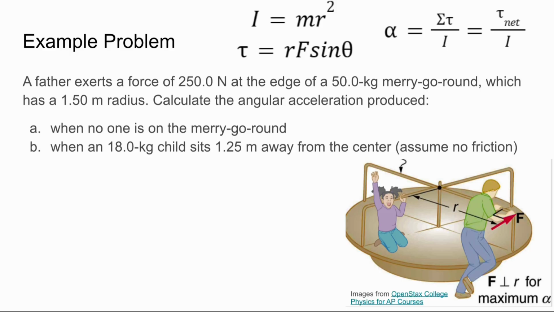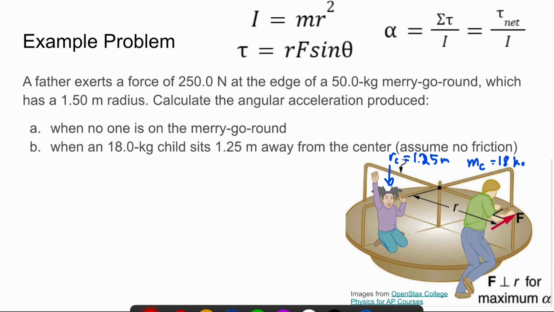All right, so now we're going to add on a child. The child is going to sit at a radius of 1.25 meters away, and her mass is 18 kilograms. If we want to find our angular acceleration at this point, we take our torque and divide that by our moment of inertia.